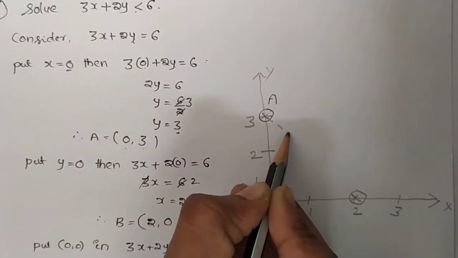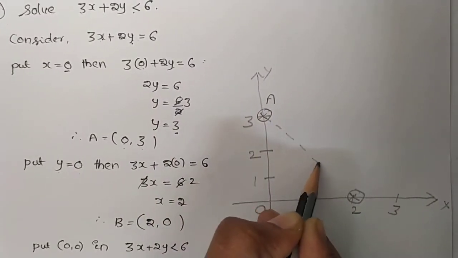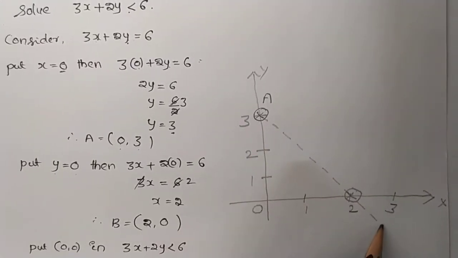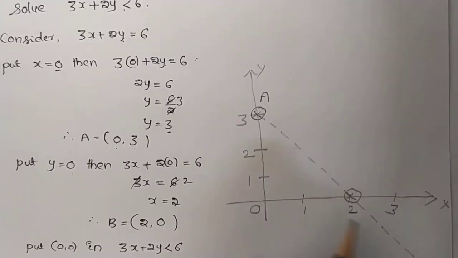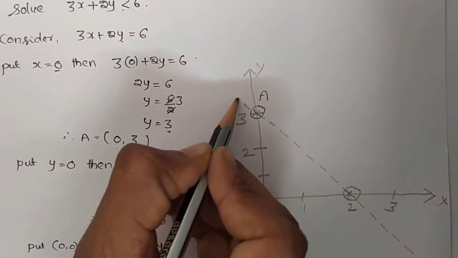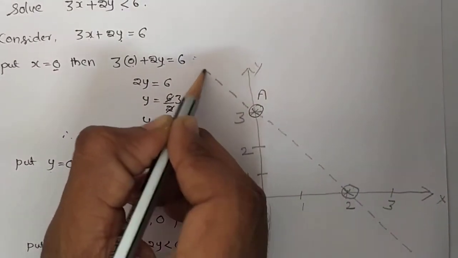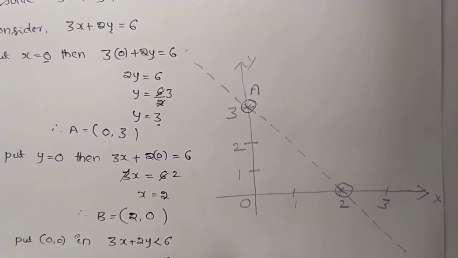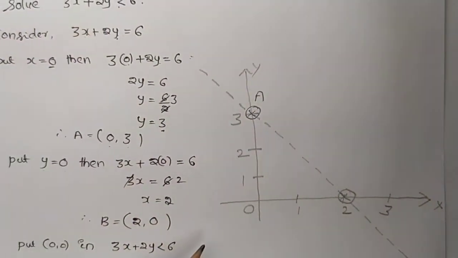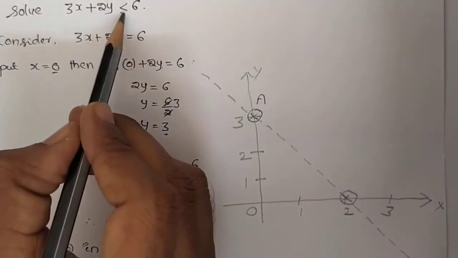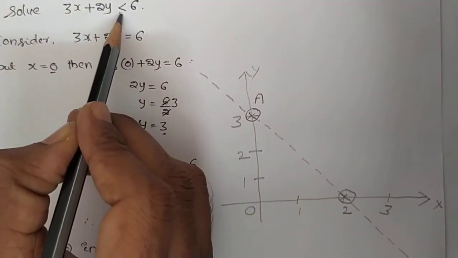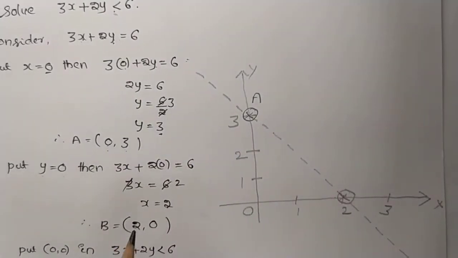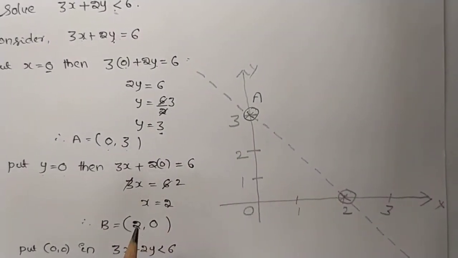We use the thick line when the inequality is less than or equal, or greater than or equal. In the given inequality it is less than, so we draw the line dotted. Otherwise we draw a thick line.